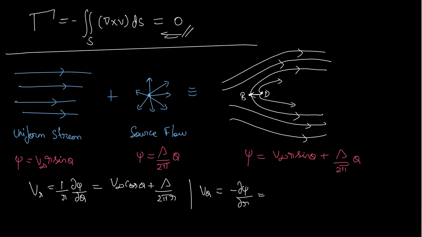If I take the derivative with respect to r, it is minus V infinity sin theta. That's all, and it's negative, I'm sorry. Now we can easily get the radial velocity at any theta given in this figure, and we can also get the tangential velocity.